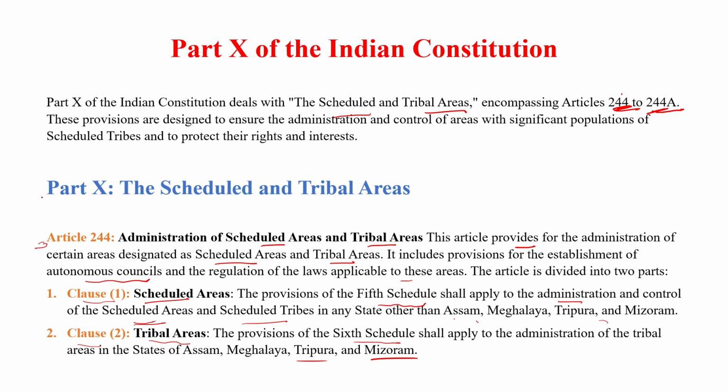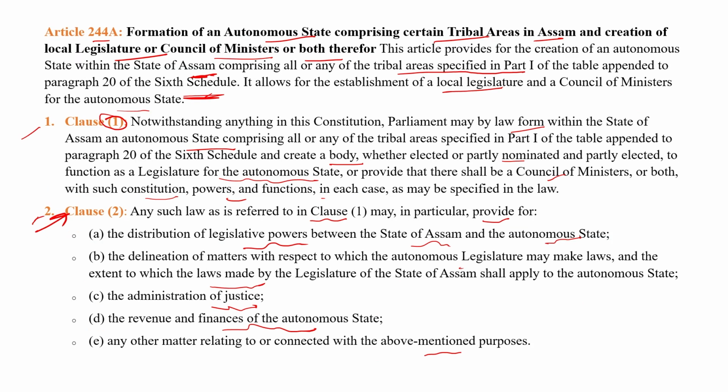Under Article 244, we have discussed all the scheduled and tribal areas mentioned in the 5th and 6th Schedules. Clause 1 of 244 explains the fifth schedule tribal areas, and clause 2 explains the sixth schedule tribal areas, where the administration is mentioned only for the specific states of Assam, Meghalaya, Tripura and Mizoram. 244A is about the formation of an autonomous state, and it only talks about Assam. Clear? This is Part 10 of the Indian Constitution.